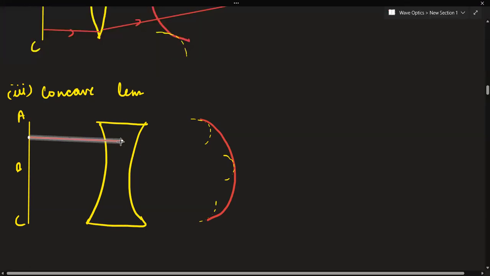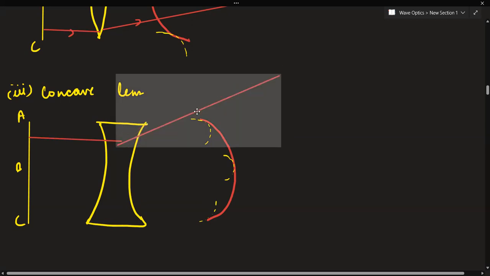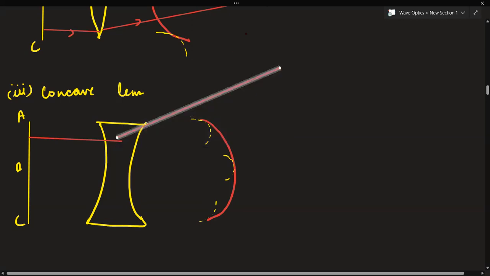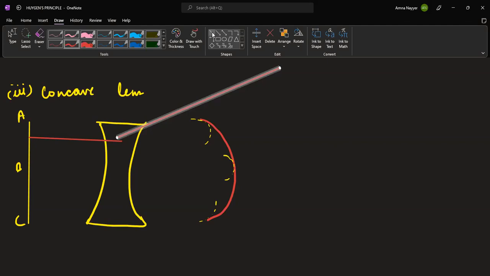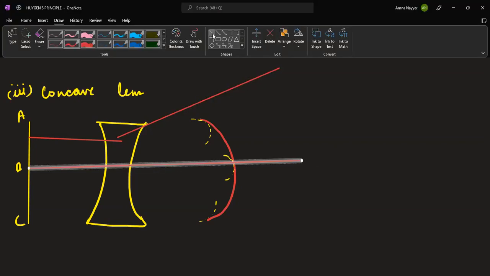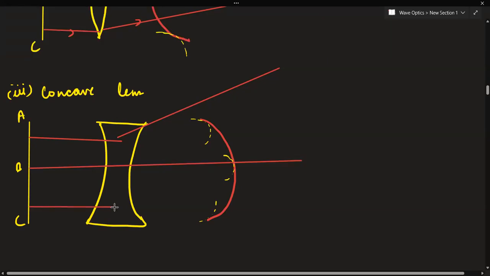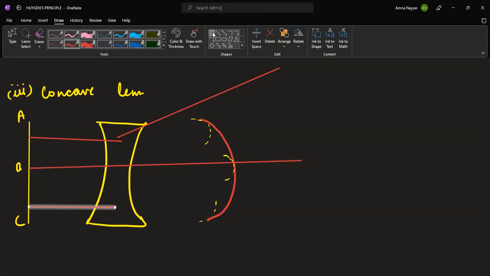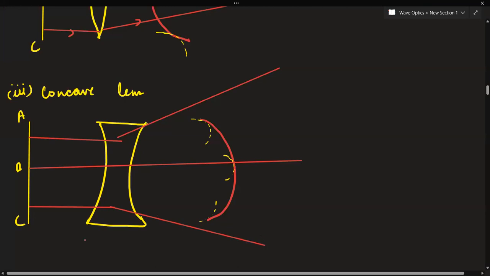And since it is a diverging lens, it will diverge all the rays. So similar would be for the C part, and it will diverge. So these are the rays and these are the diverging rays.